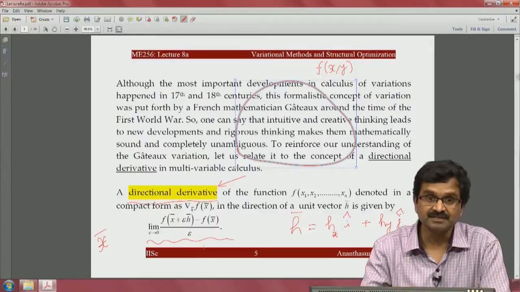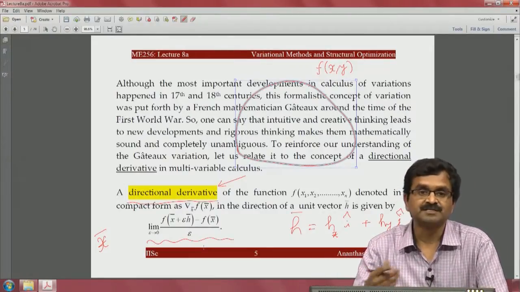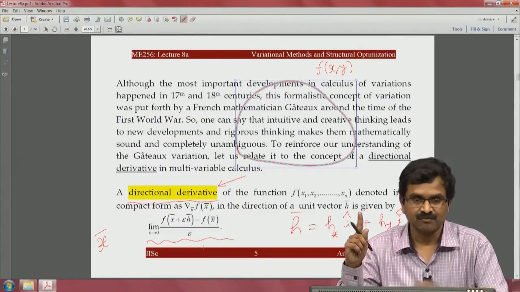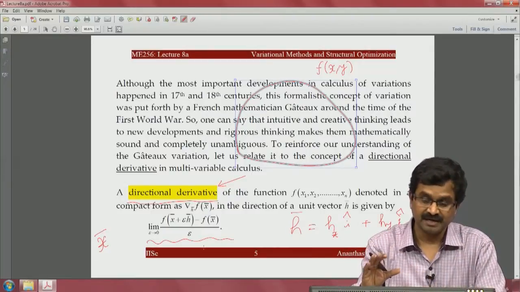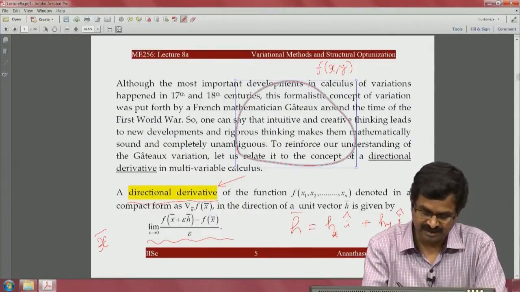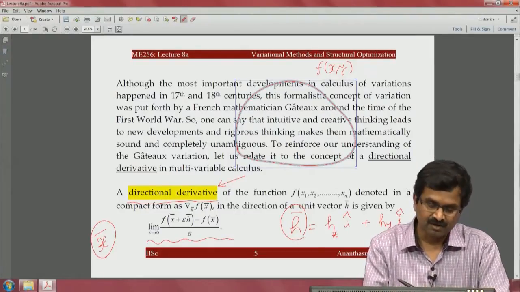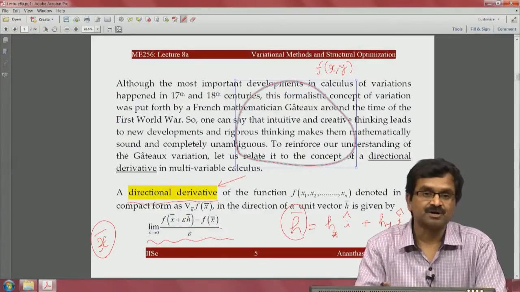If you look at this and compare with the Gateaux variation, you will see that it is similar. We have f of x, we have taken x as a vector, then we have h also as a vector. If we take y of x, then h of x is also a function, and that is how you should look at it.